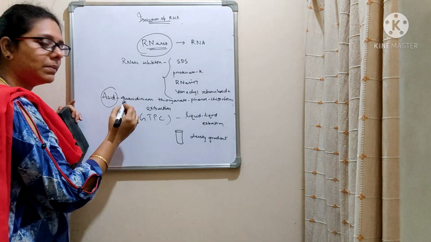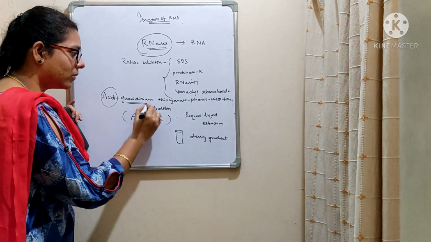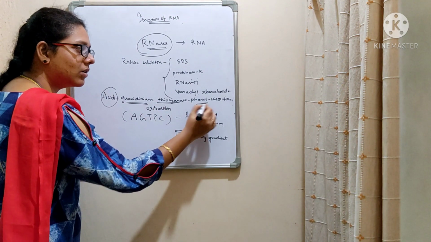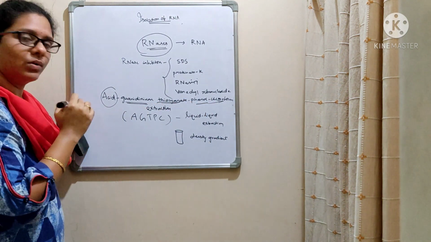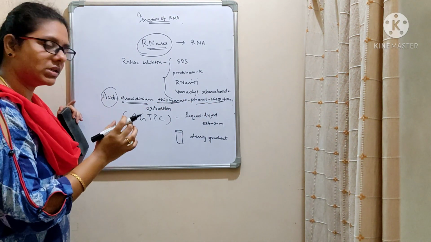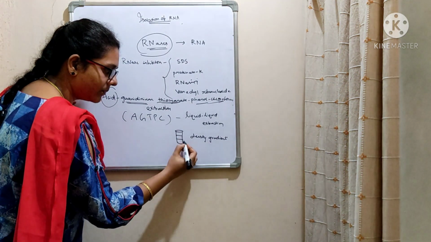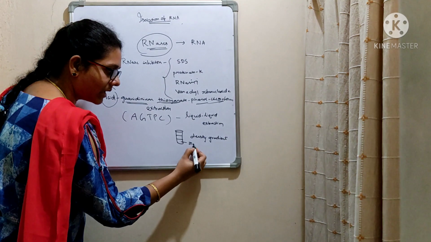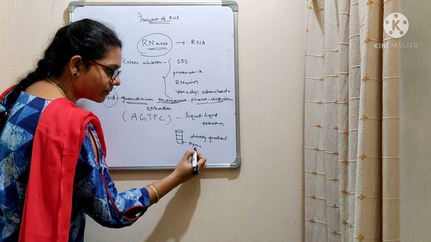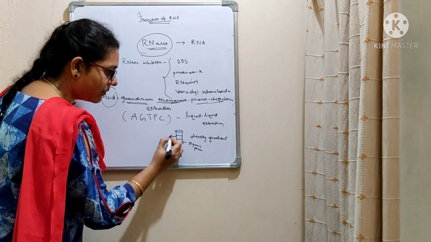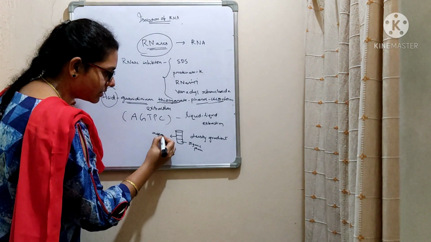So here we are going to use guanidinium thiocyanate, phenol and chloroform. After the addition of these solutions, when you observe the Eppendorf tube, you can observe two phases. The lower one is the organic phase and the upper one is the aqueous phase.